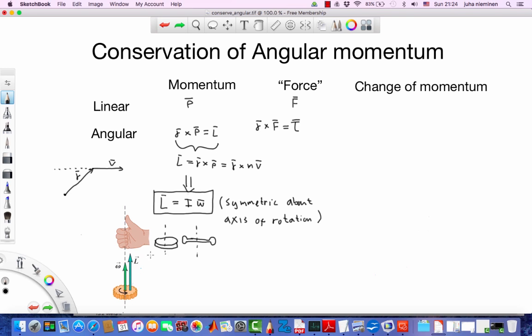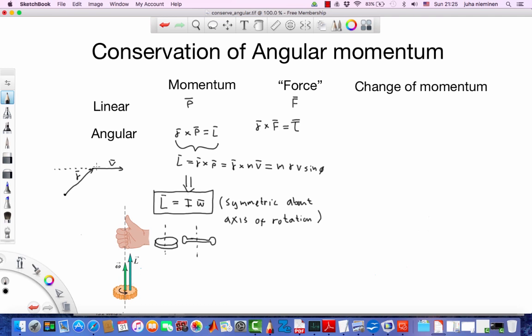Now let's go back a little and work on the fundamental definition of angular momentum. This is a cross product of r and v vectors, so we can write it in the following form: r times v times sine of the angle between the two.